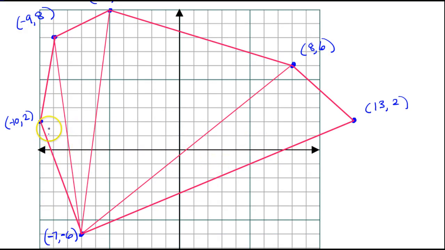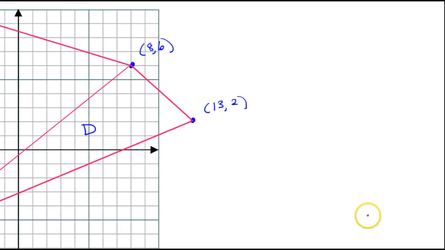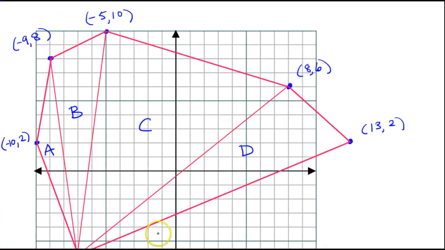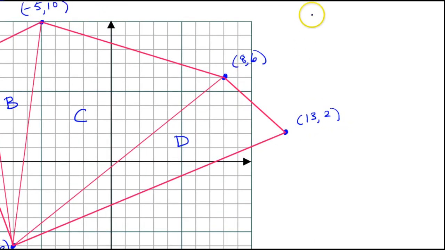I will call this triangle A, and triangle B, and triangle C, and triangle D. Each one of these triangles will correspond to a matrix, and I'll do one of them here, and then I'll do the rest of them off camera. But so for example, looking at triangle A, I have the 3 vertices, starting with -7, -6.